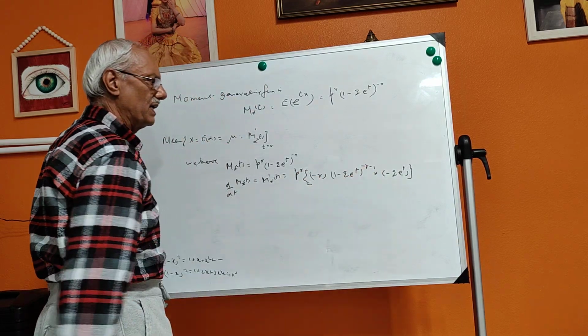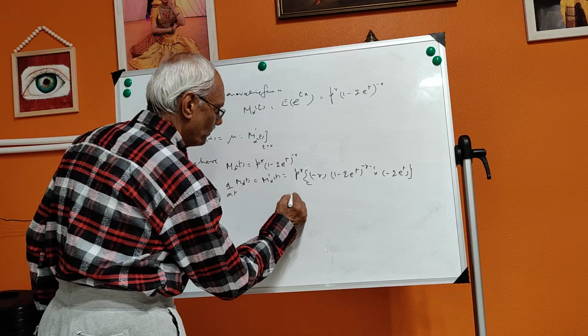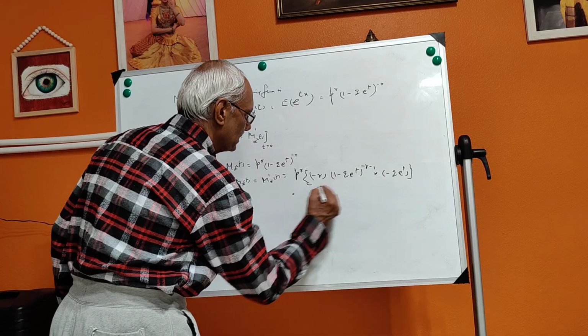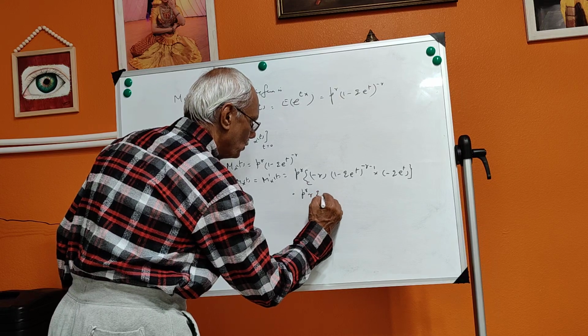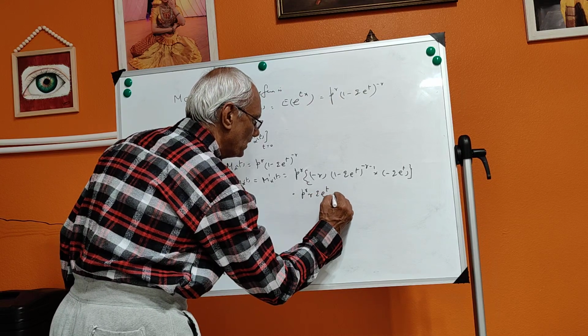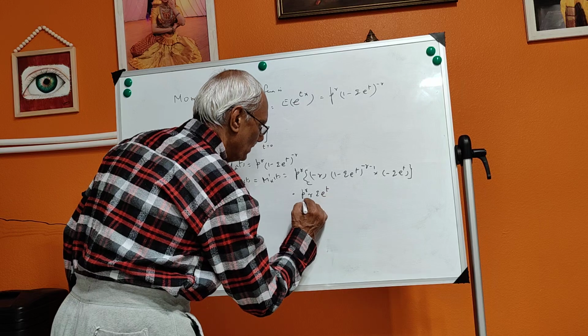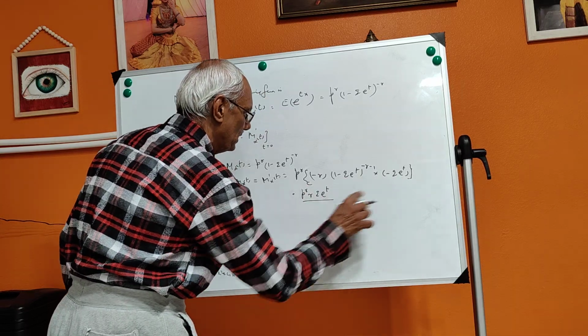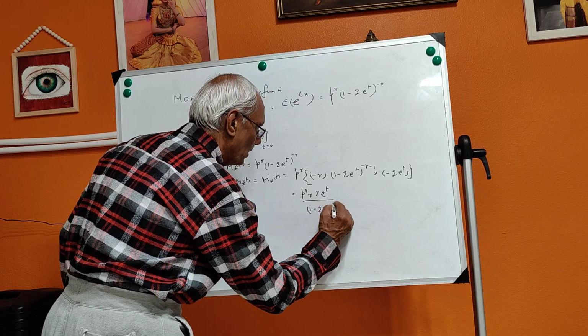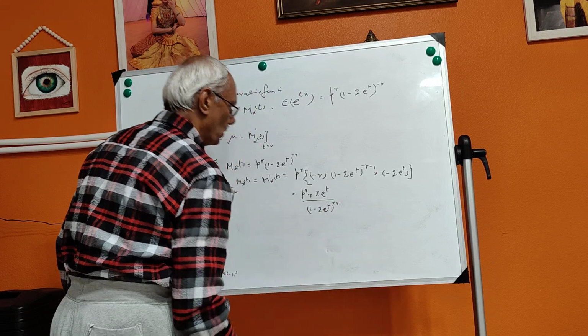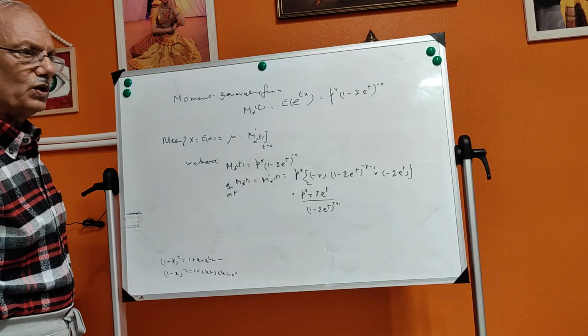So when you differentiate, you will get this, which is r p^r q e^t divided by (1 - q e^t)^(r+1). So this is what you get.